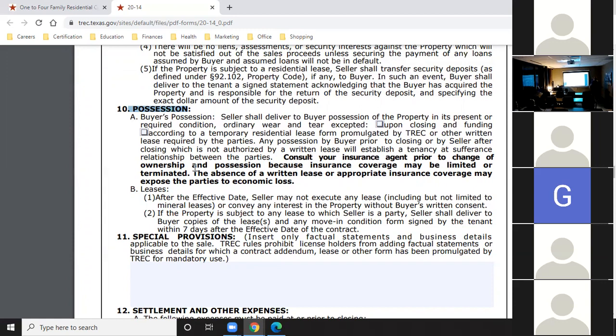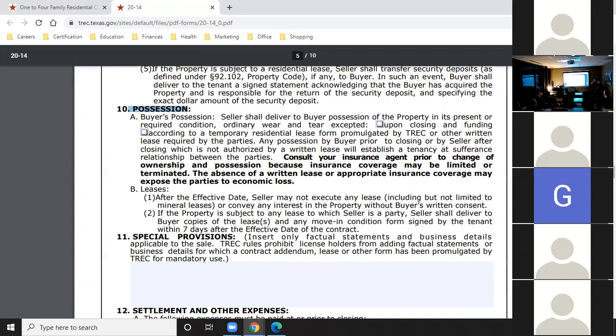Seller shall deliver to buyer possession of the property in its present or required condition, ordinary wear and tear expected, upon closing and funding, or according to a temporary residential lease form promulgated by TREC. So the question is, is the buyer wanting to take possession of the property after they close and fund? Or does the buyer want to take possession earlier, before closing, and move in before they close?